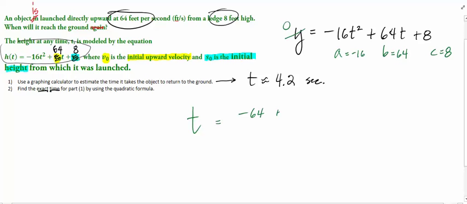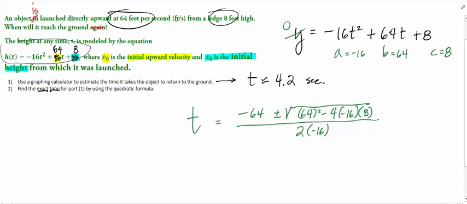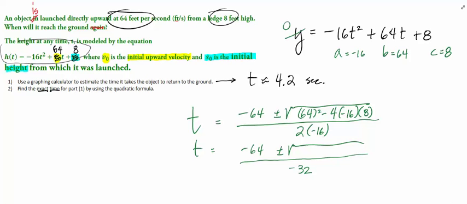Negative 64 plus or minus the square root of 64 squared minus 4, a is negative 16, c is 8, all over 2 times negative 16. So let's see what we get. We get negative 64 plus or minus. Now, because it's a real problem, I'm really talking about time, I really am going to get a decimal approximation. But first thing I'm going to do is go ahead and get all of this stuff.